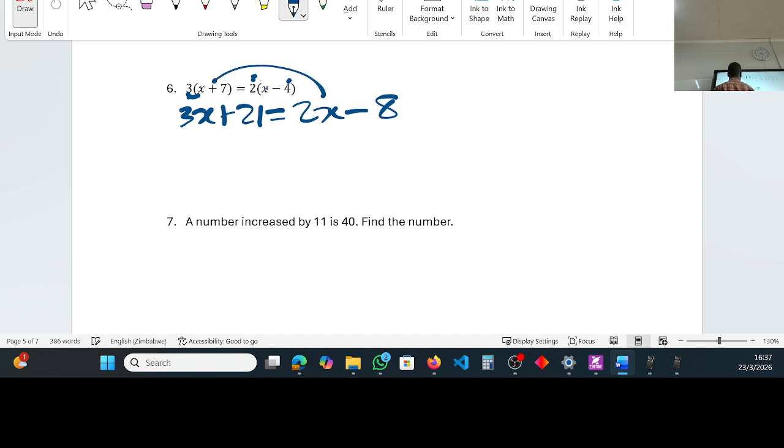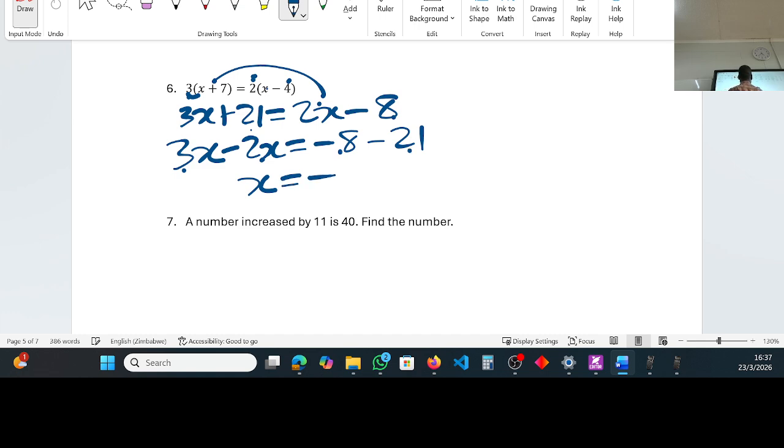It means 2x must join with 3x. So it's 3x, because it's positive, when it crosses, it becomes negative, equal to 21 must join with negative 8, so it will be minus 8 minus 21. So 3x minus 2x gives me x being equal to minus 8 minus 21, that's minus 29.